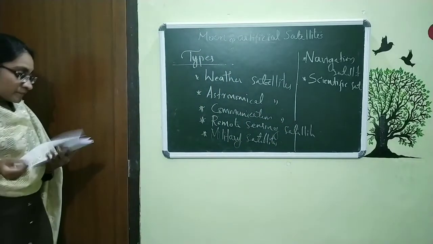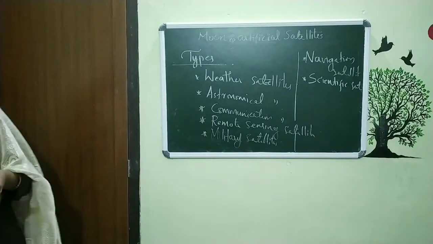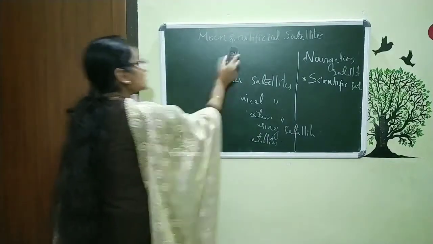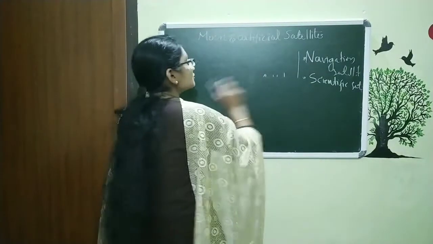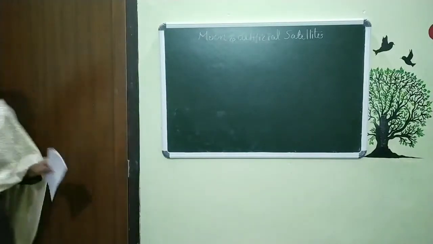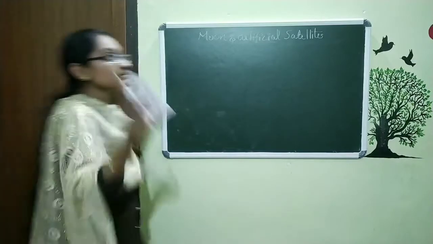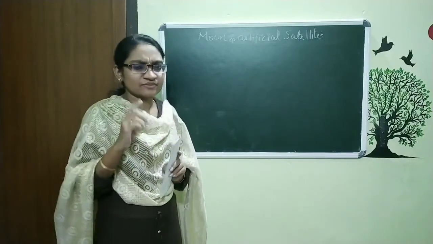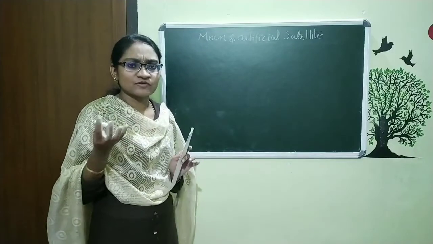Then we want to remember something: the first artificial satellite sent to space. I'm not asking about India, not that. Within the whole world, which is the first artificial satellite? For this, you just want to remember this. This will help you in quizzes.